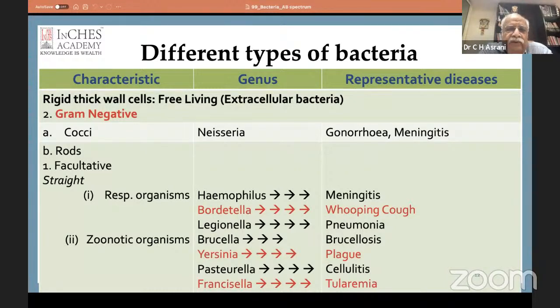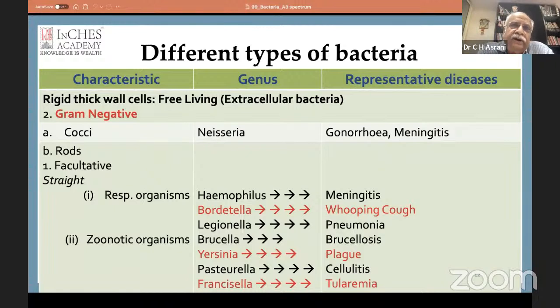In facultative, we have the straight respiratory organisms: Haemophilus causing meningitis, Bordetella causing whooping cough, and Legionella causing pneumonia. Although Legionella pneumonia is rare, in every case of ARDS, before we diagnose viral, all these tests are done.